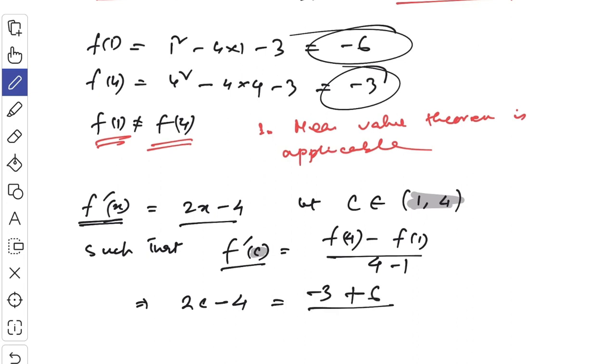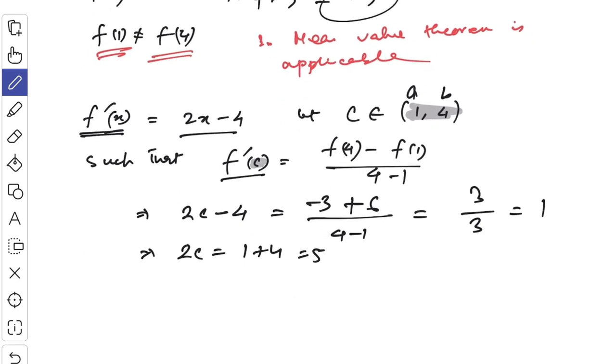Here b minus a, that's going to be 4 minus 1. So here it will be 3, and this is also 3, that's going to be equal to 1. So we can say twice c is equal to 1 plus 4, that's equal to 5.